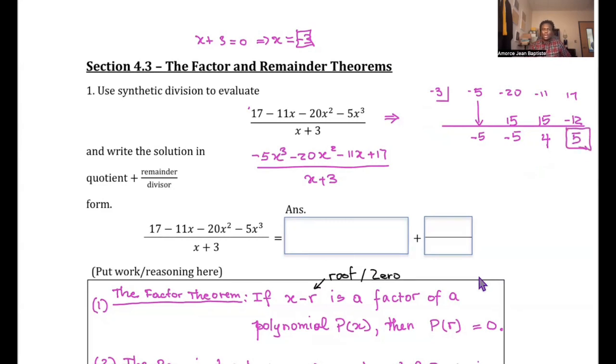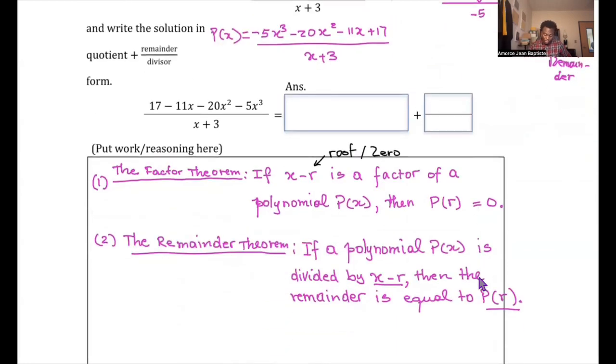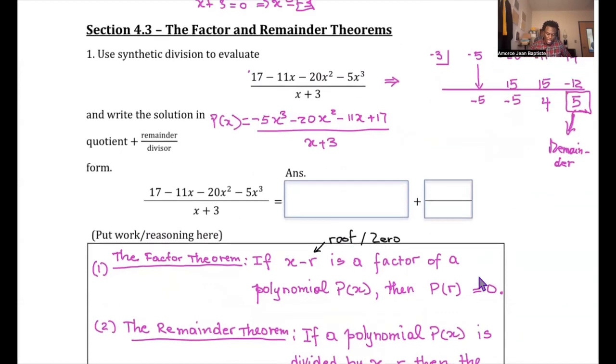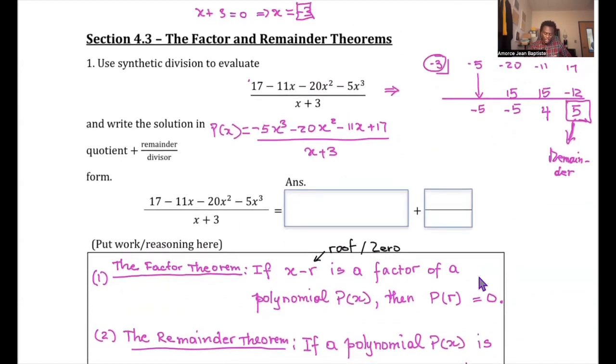Now, if I call P of x the top expression, this is my remainder. And according to the remainder theorem, P of the number in the box, P of -3, is the remainder, that's +5.